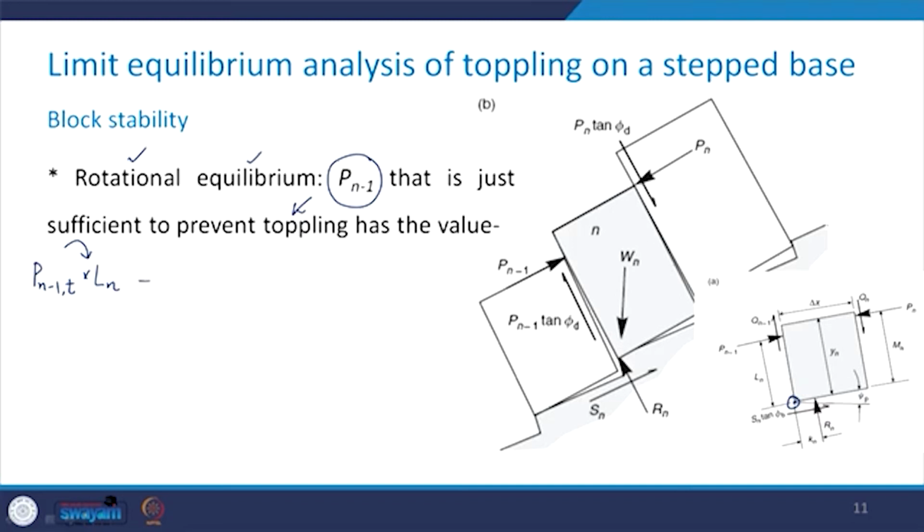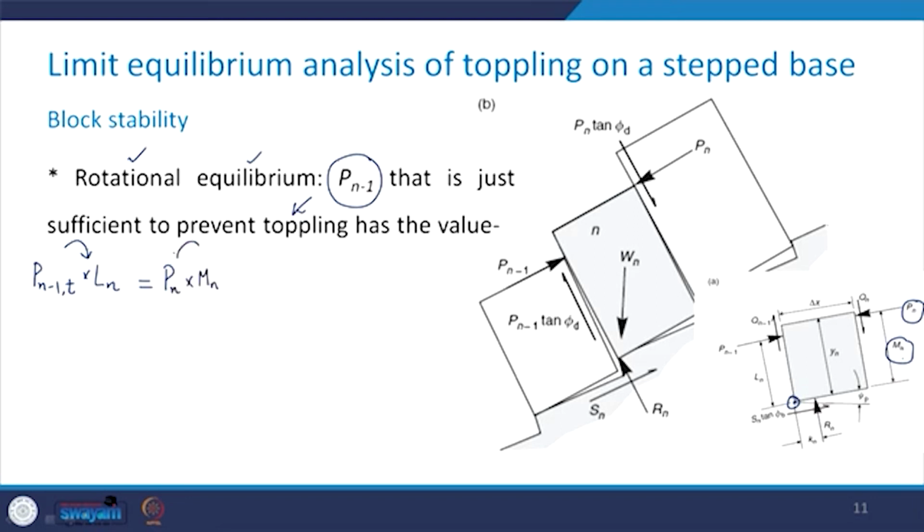This is going to be equal to, see this Pn is there and it is acting at this distance of mn, and when it creates the rotation, it is going to be Pn into mn and it will be in the anticlockwise direction. So this is how we write Pn into mn.